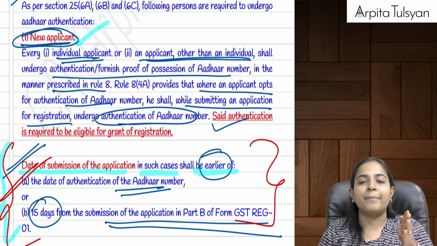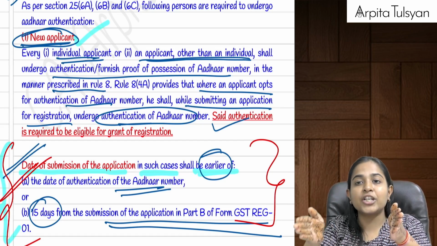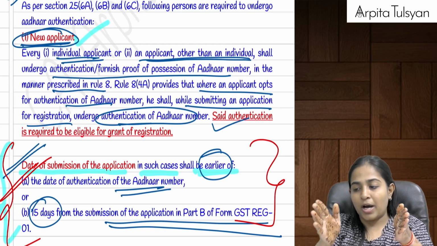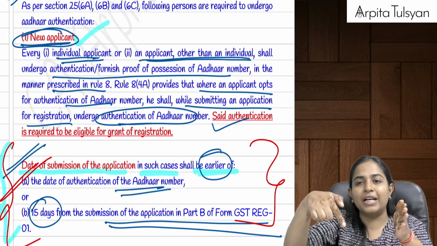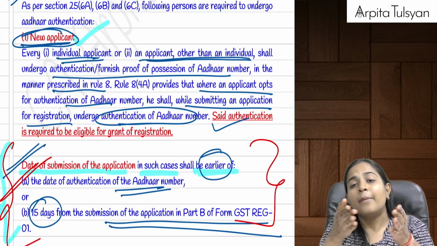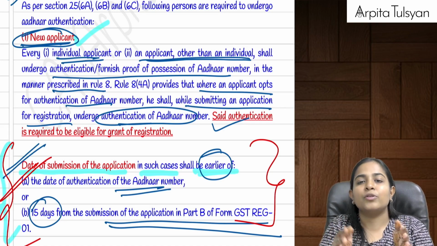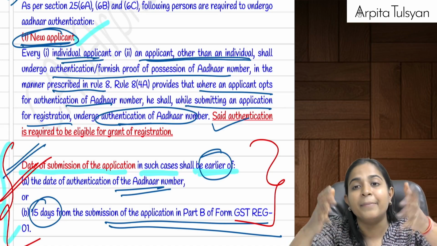Because what will happen, suppose today I submit the form, but I do Aadhaar authentication a little late. Then in between this period, registration cannot be granted to you, because registration can be granted only after Aadhaar authentication is completed, right? So they have given you a deemed date when you have submitted the application.